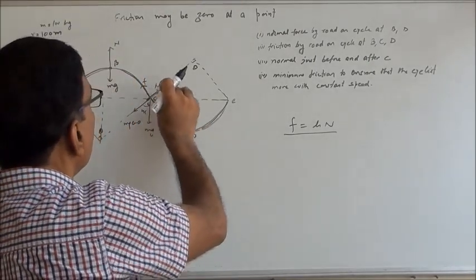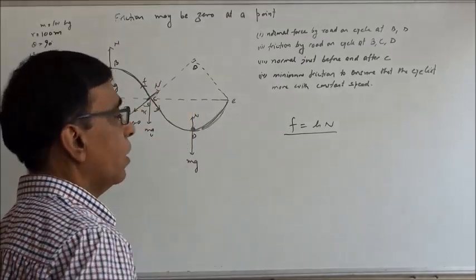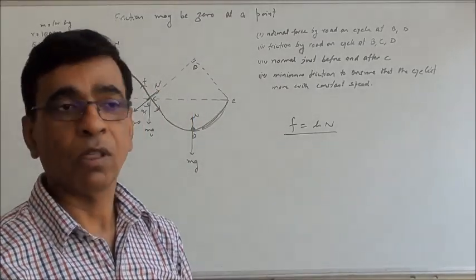After crossing it, it is N minus mg cos theta is equal to mv square by r.